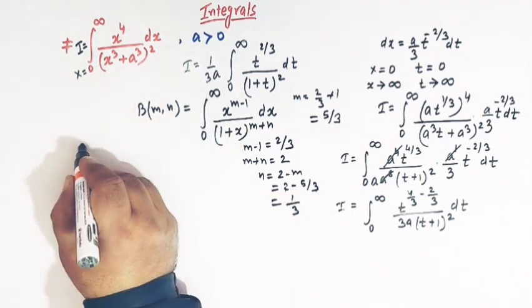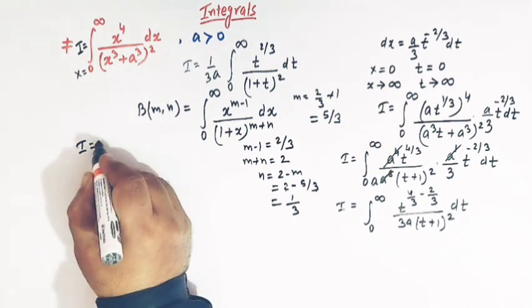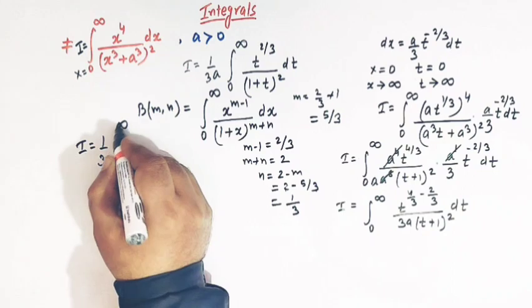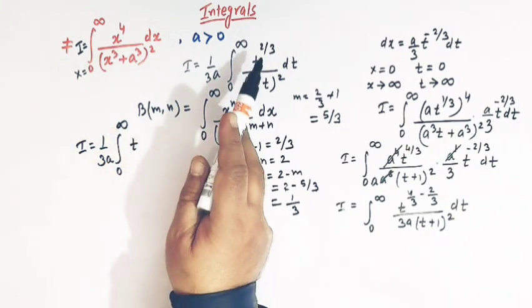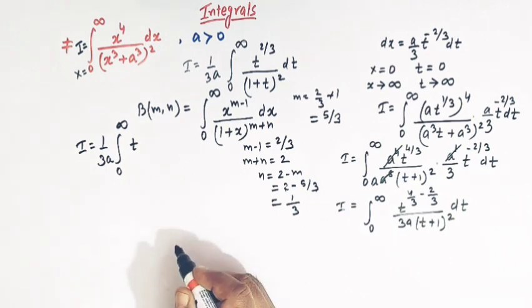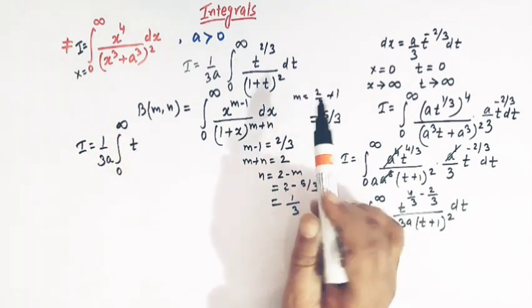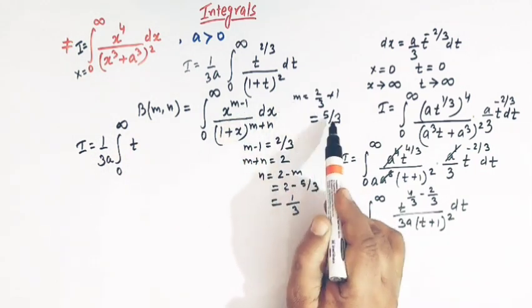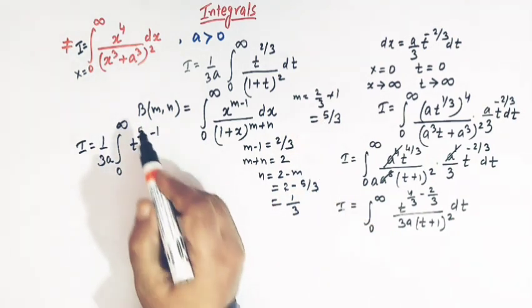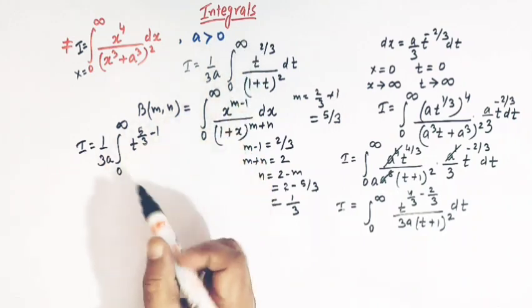So now we can write this integral I as 1 over 3a, 0 to infinity, t raised to 2 by 3, right? So 2 by 3 can be written as m minus 1. So m is 5 by 3. So we have 5 by 3 minus 1, because 5 by 3 minus 1 is 2 by 3.